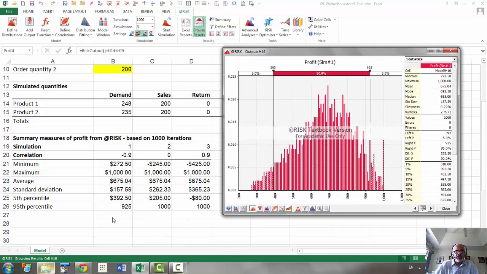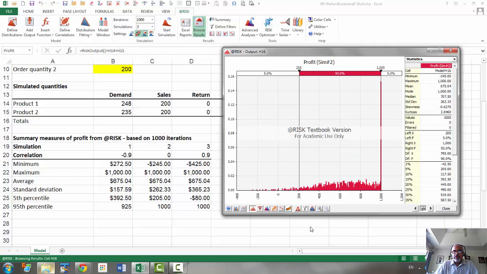The first simulation, when the two products have opposite kind of correlation in demand, this is what the profit distribution for 1000 replications is going to look like. It's kind of evenly distributed in a normal distribution type. Now, when the two products are not correlated, you see there are a lot of small values and then there is some high value.